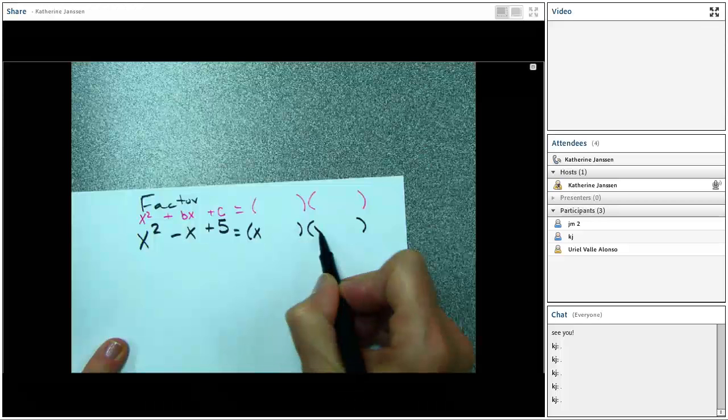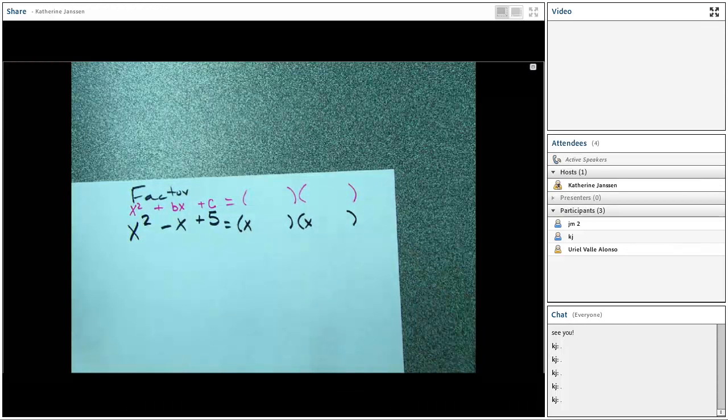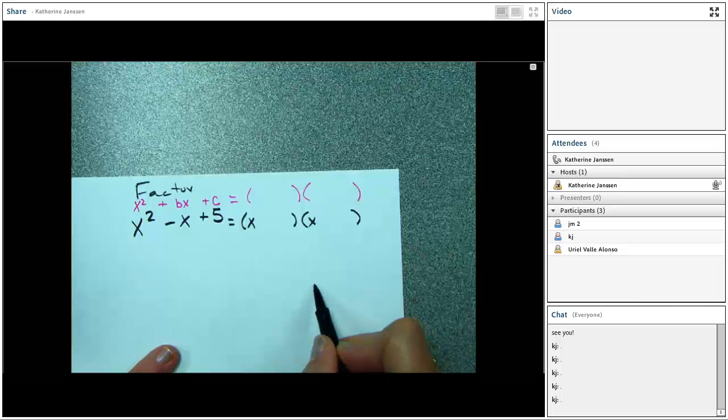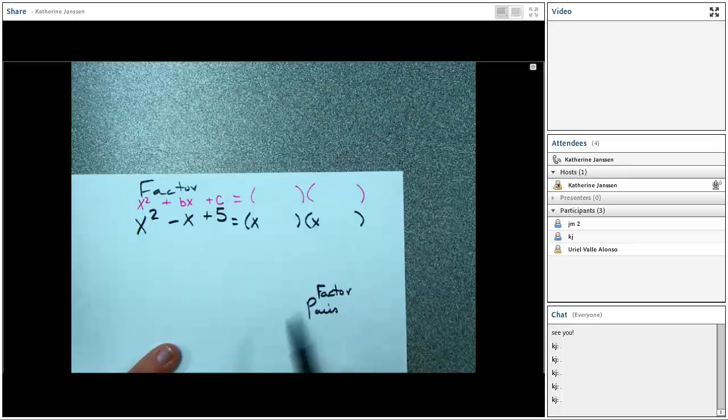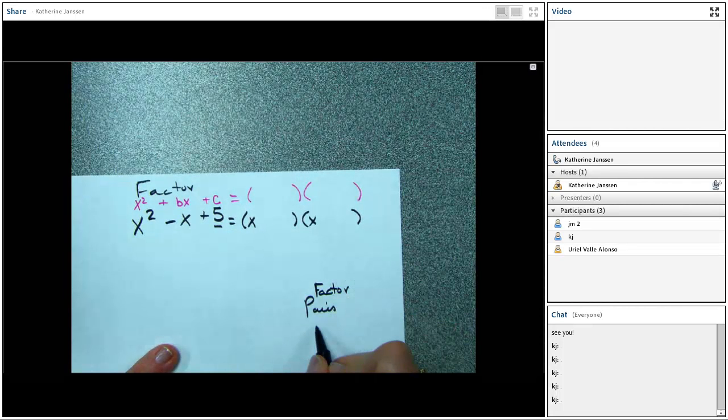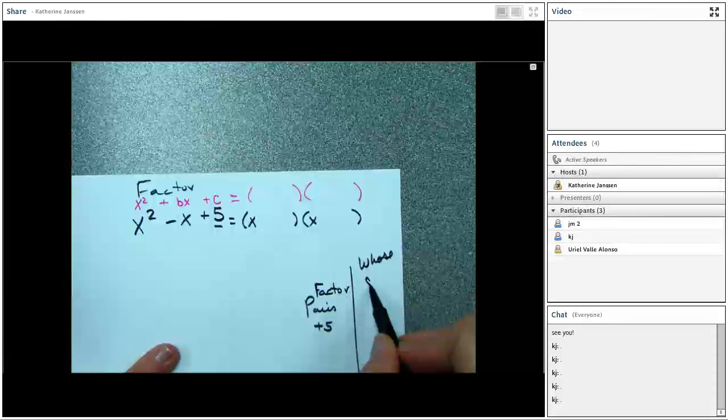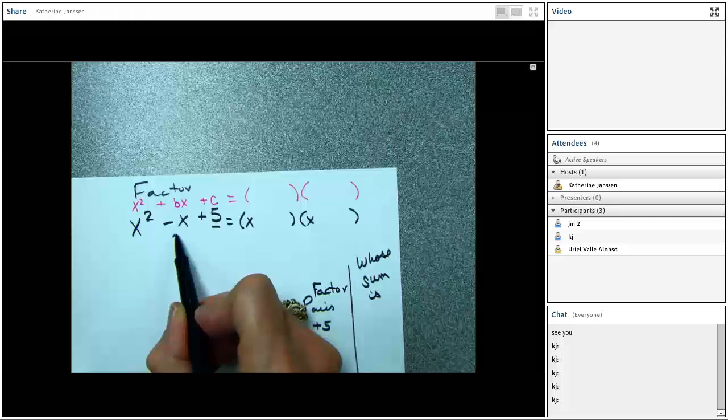Let me take the first term. X times x in FOIL would be x squared. Then let's build our factor table. We need factor pairs of the constant, positive 5, whose factor pairs sum is the coefficient on the middle term.